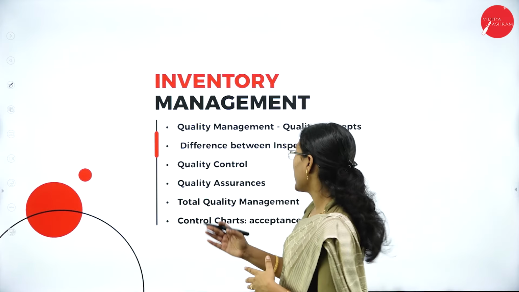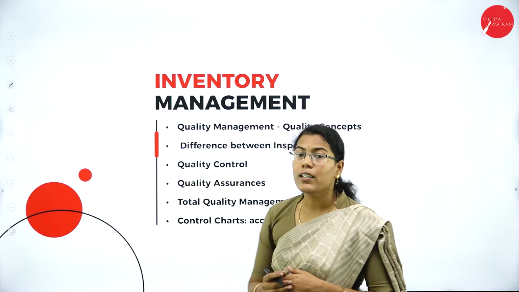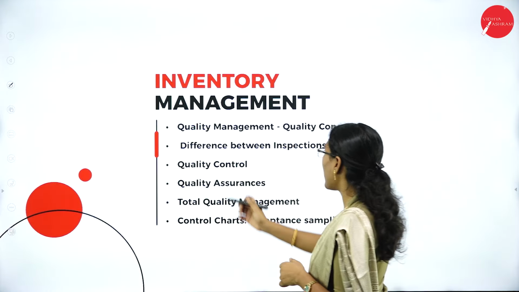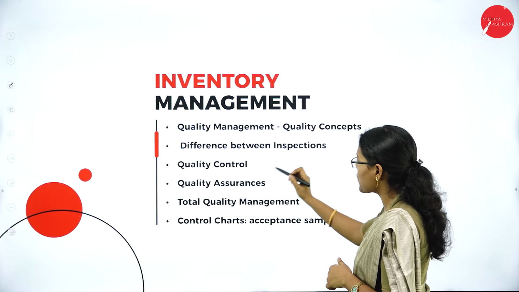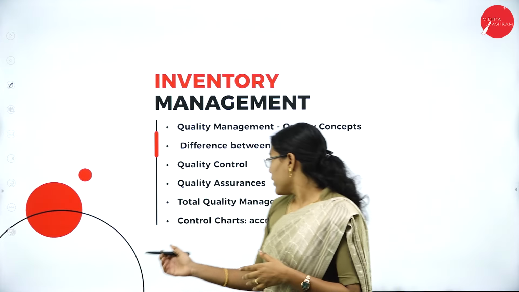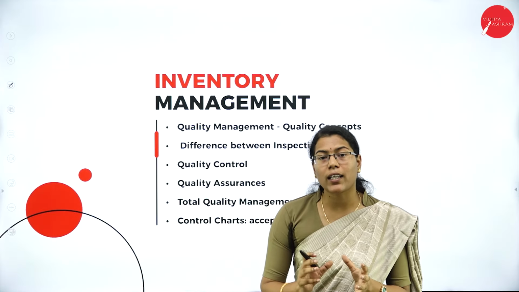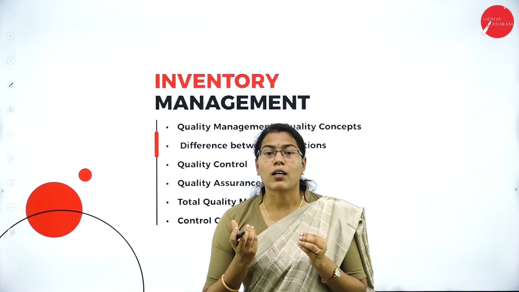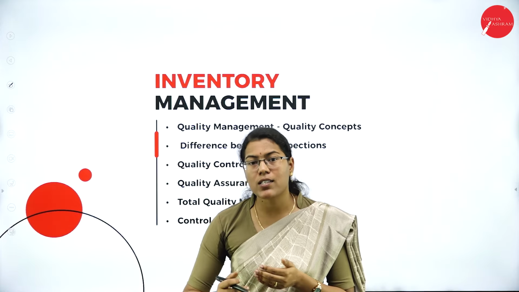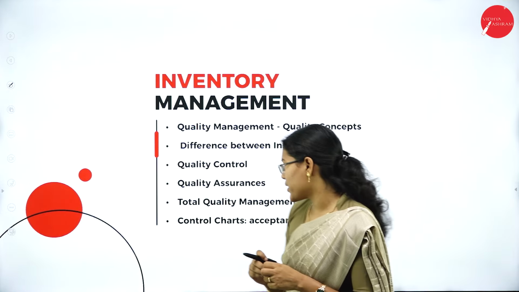Then in the next topics, quality management and quality concepts. Here we cover ensuring the quality of the finished products, as well as the difference between inspection, quality control and quality assurance. Total quality management refers to ensuring that the production process is done efficiently and with minimum cost, but without compromising the quality of the products produced.